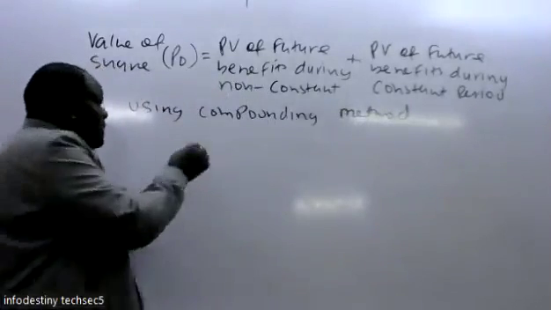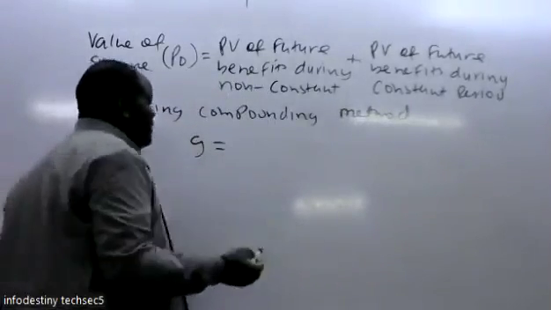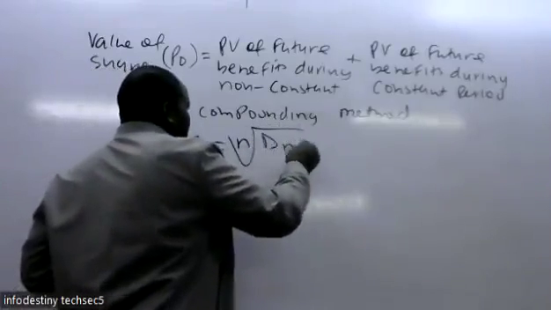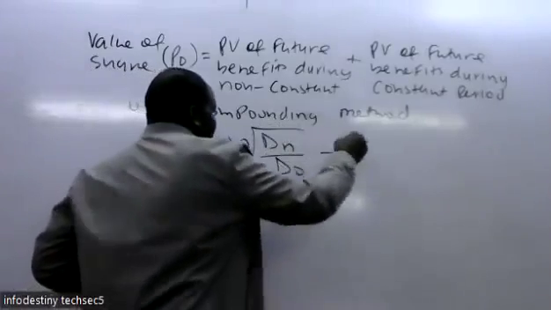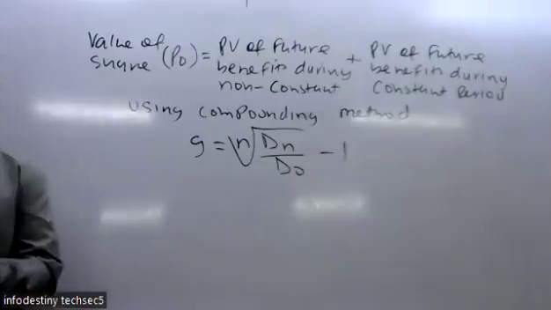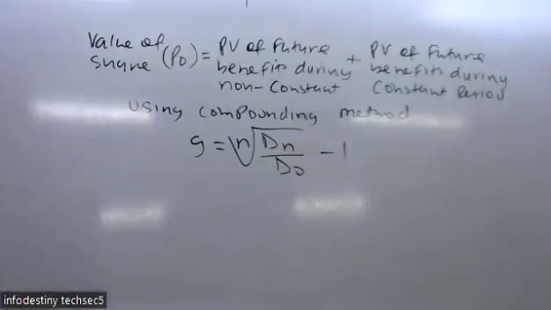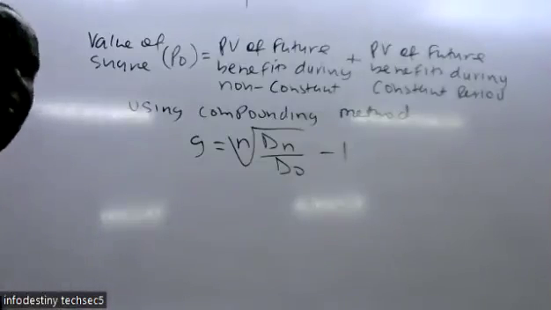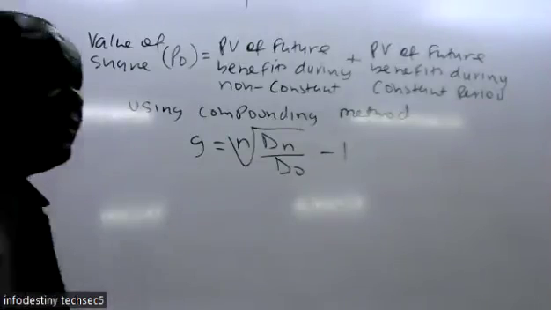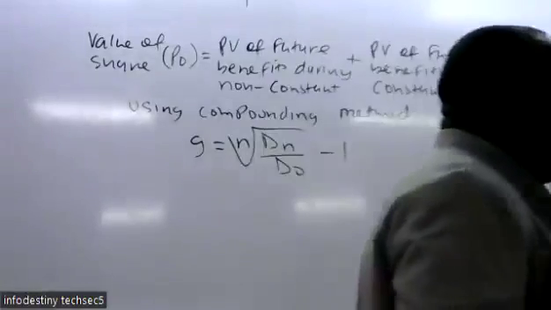So G is supposed to be given by the Nth root of DN divided by D0, then you minus 1. So G is equal to the Nth root of DN divided by D0, then we minus 1 at that level.